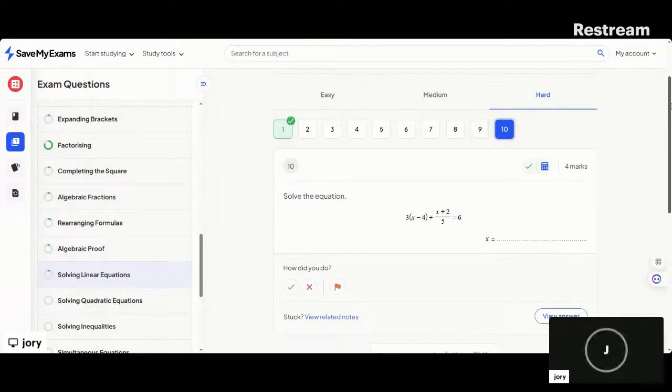Okay, so 3 times 5 is 15. So it's going to be 15x minus 4 plus x plus 2 equals 6. And then I'm just going to make it 15x minus 60 plus x plus 2 equals 6. Add 60 minus 2, that's 64 equals 16x. 64 divided by 16, that's 4x equals 4.